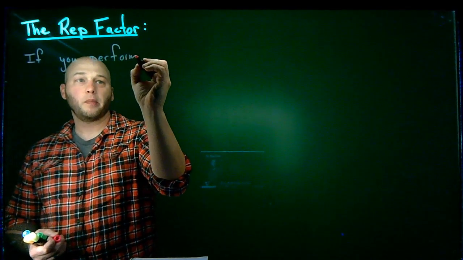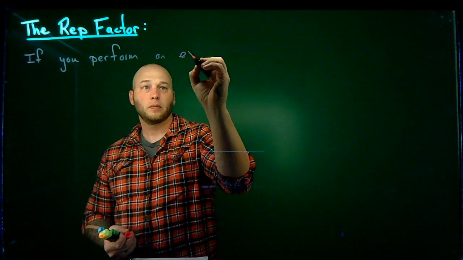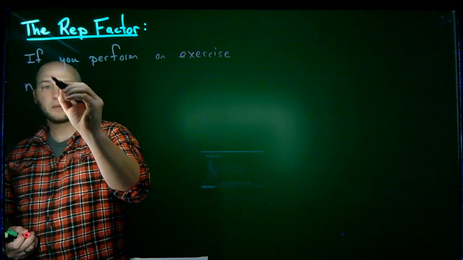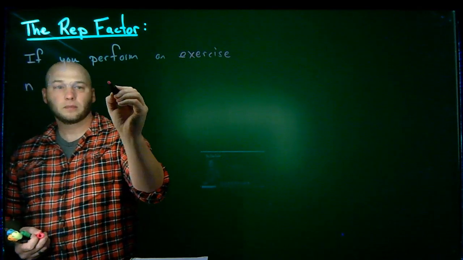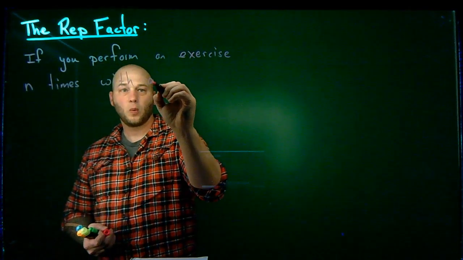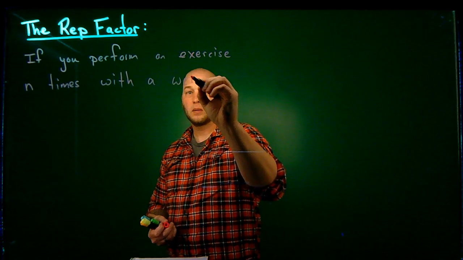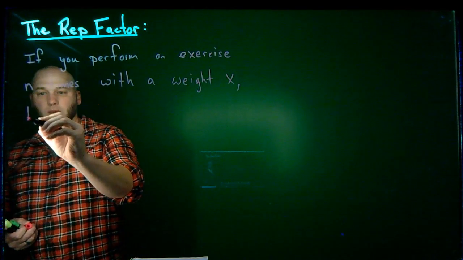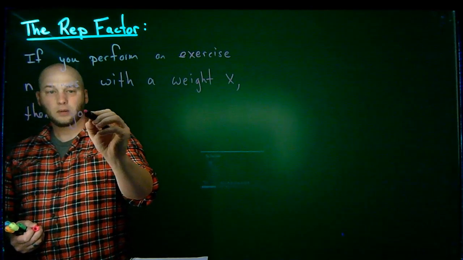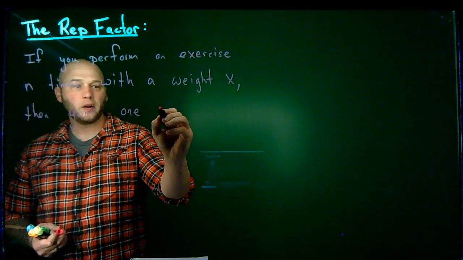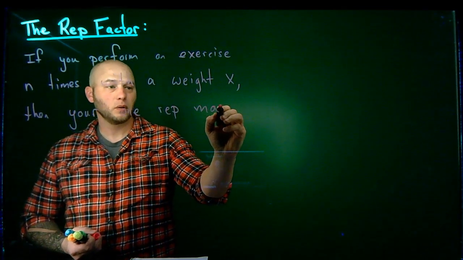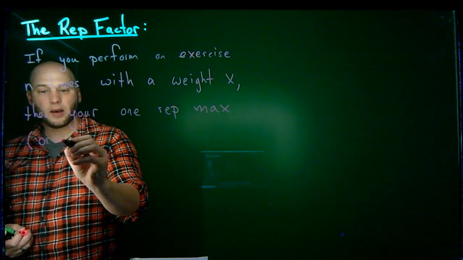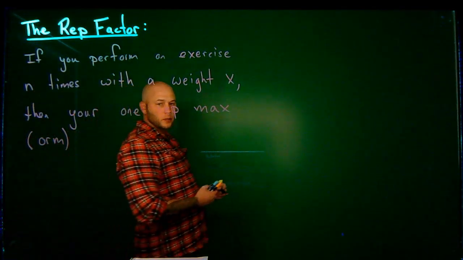If you perform an exercise n times with a weight x, then your 1 rep max, which I will henceforth abbreviate as ORM, is approximately given by the following.